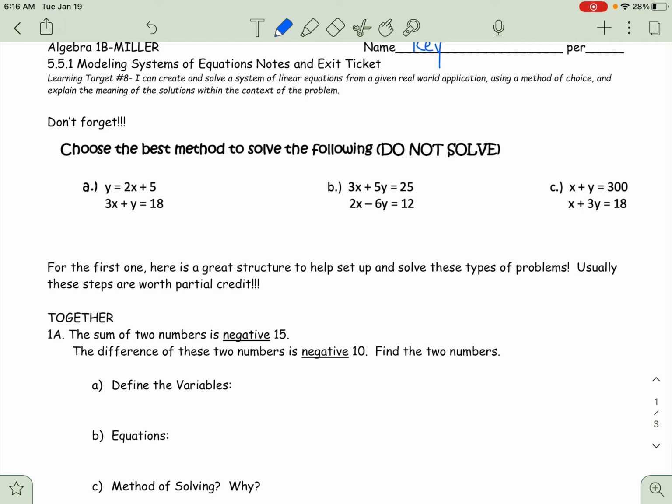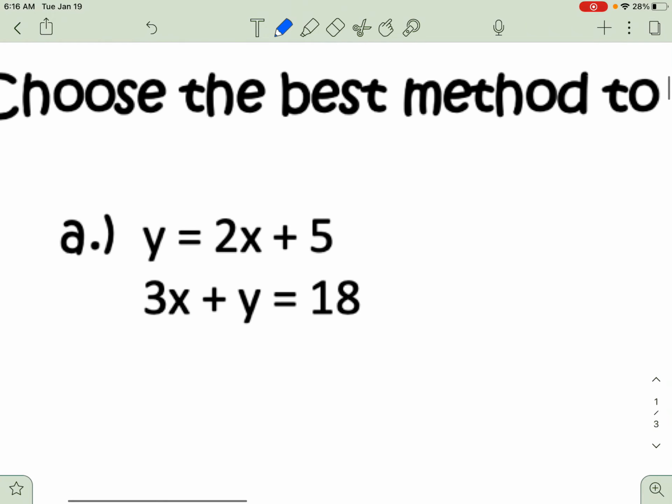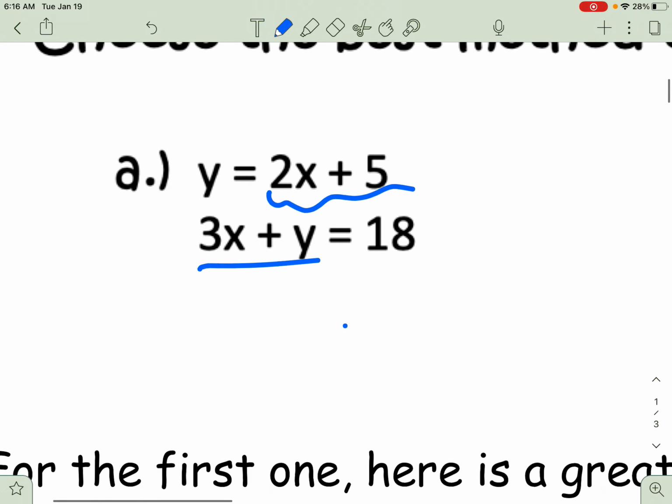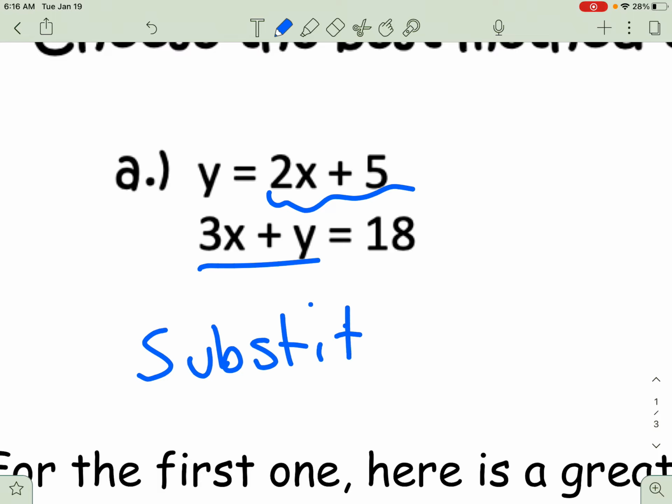Choose the best method to solve the following. Notice in the directions it says do not solve. All right, so in this first example, we have an equation where y is isolated, right? Well, anytime that you have a variable isolated, the best method is probably going to be substitution.